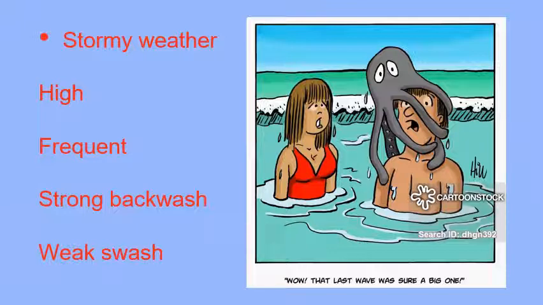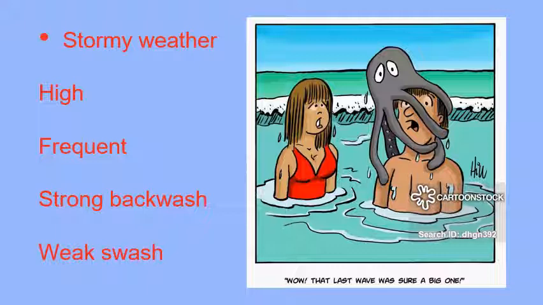This makes sense. When wind blows, it blows on the surface of the water. This moving wind drags the water along with it, causing the water to move as waves. So during stormy weather, the wind is strong, and the stronger the wind, the higher the waves.